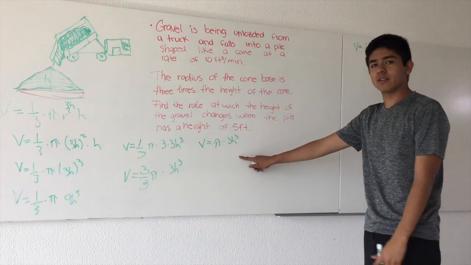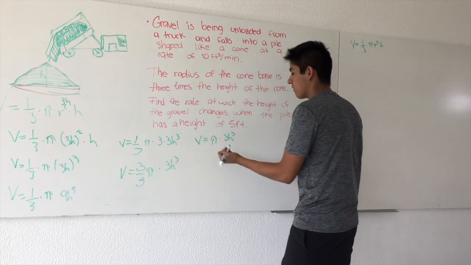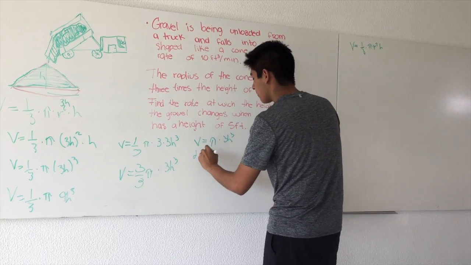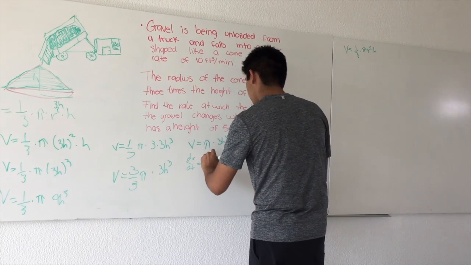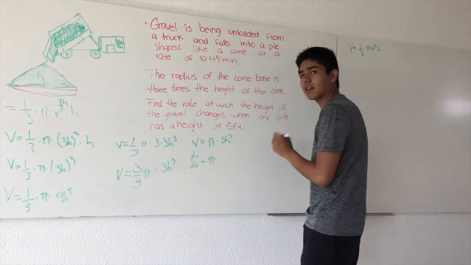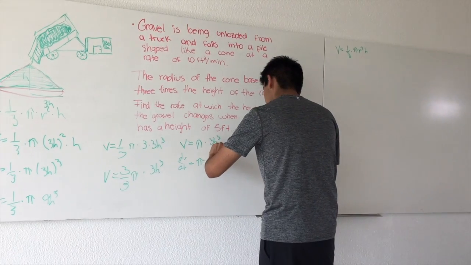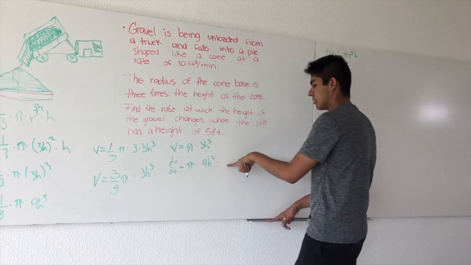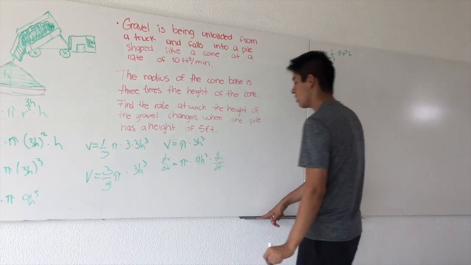Now we can derivate this, so we can solve the problem. We're going to use implicit derivative that has already been explained. So we derivate over time, and we get dV over dt. It's equal to pi. We don't derivate it because it's a constant. We derivate this and we get 9h squared by the chain rule, times the implicit derivative of height, that is dh over dt.